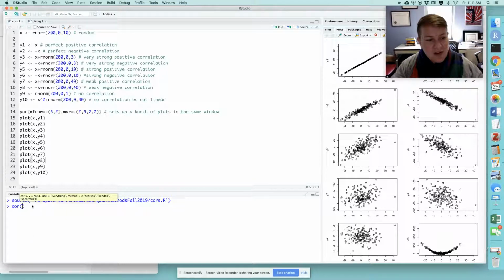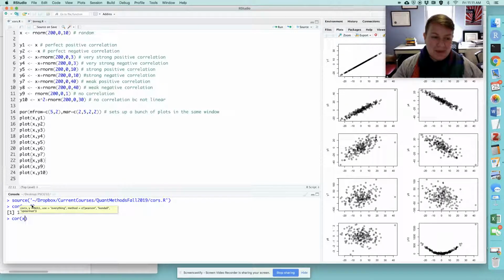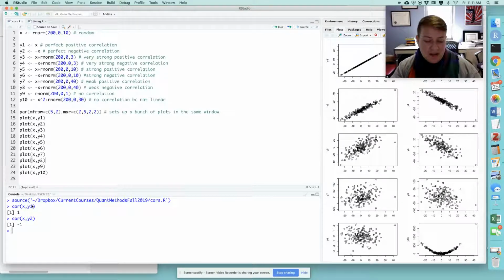So I'm going to go cor(x, y1). And that is, of course, 1, because x is equal to y1. Likewise, when we do cor(x, y2), we should get, yes, -1. cor(x, y3), 0.96.